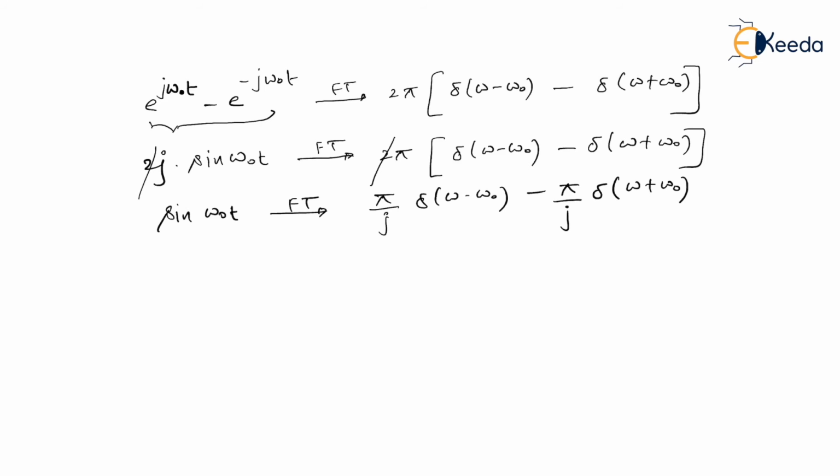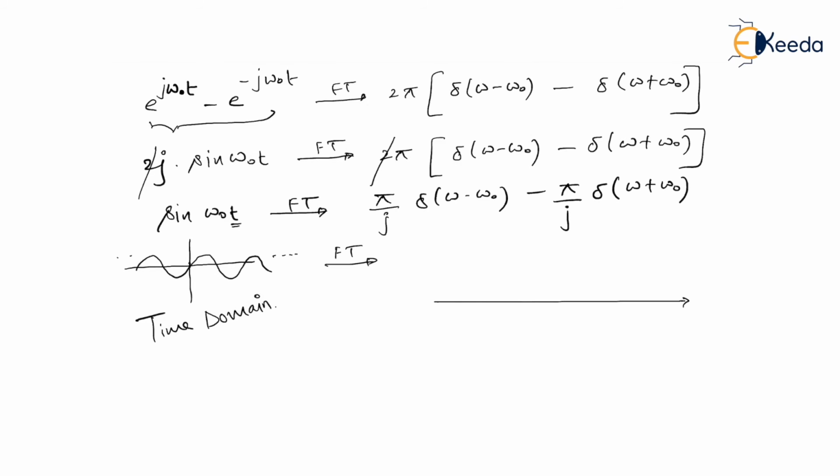We know how a sinusoid looks in time domain. So we have this kind of signal in time domain. I'm saying this is time domain because it is in terms of t. So after having a Fourier transform, we got the frequency domain. So I can draw its frequency domain specification like this. So what we had over here is omega.